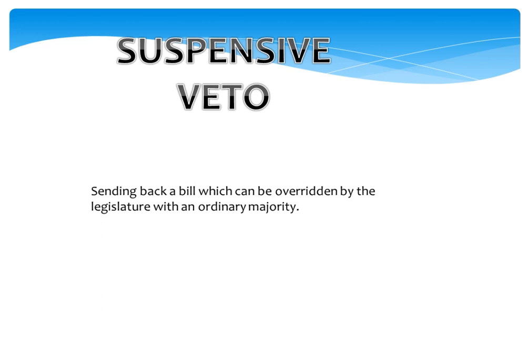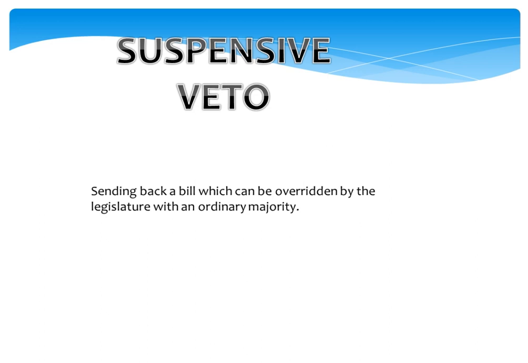A simple majority is 50% of those present and voting, in the Lok Sabha or Rajya Sabha. Like, there are 500 members and 400 members are present, and out of the 400, 300 members voted.